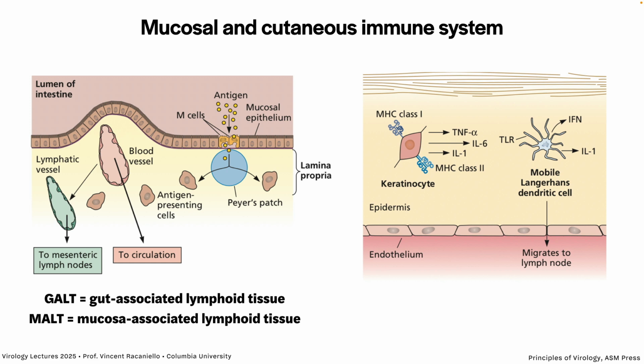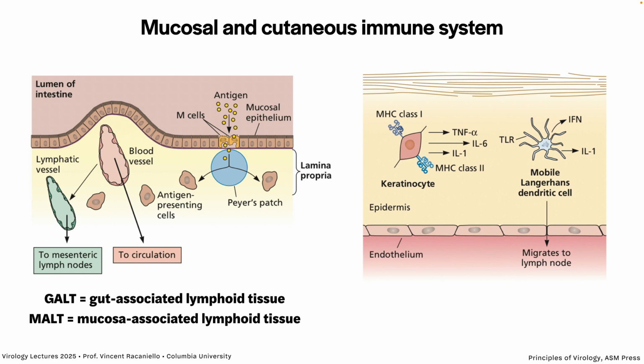They make cytokines, and they can recognize and present peptides as well. There are also mobile Langerhans dendritic cells. This is a dendritic cell that is specific to the skin. It will pick up any proteins and bring them to the lymph node, as you can see there.